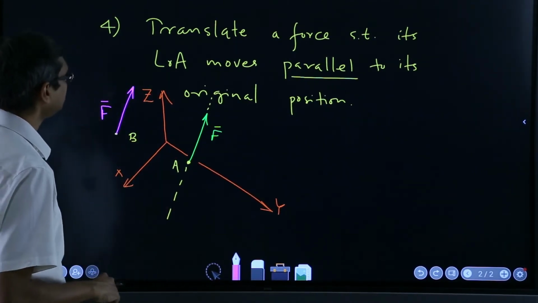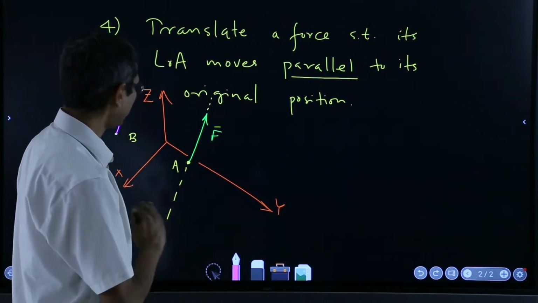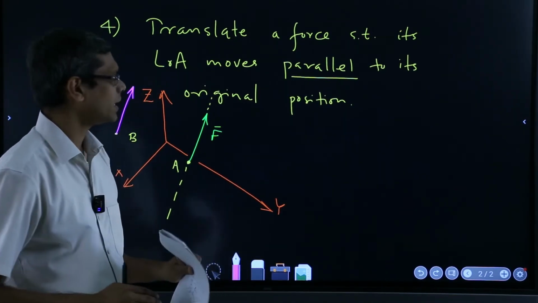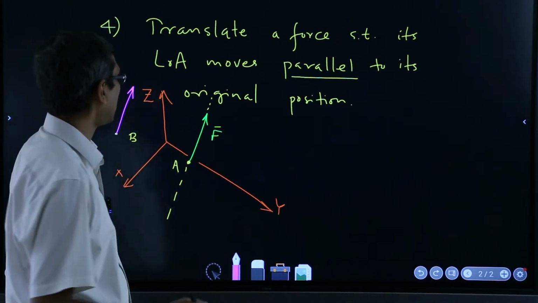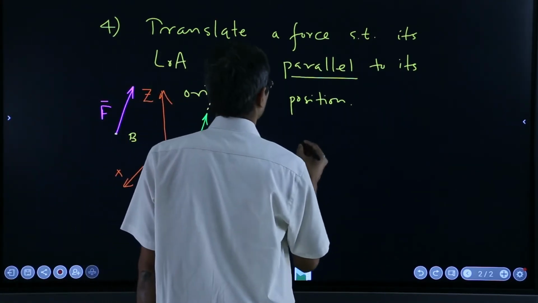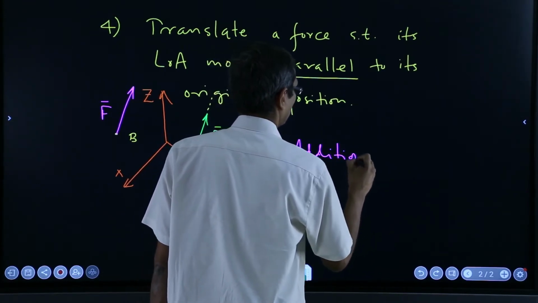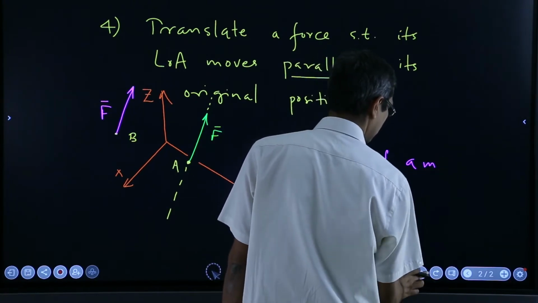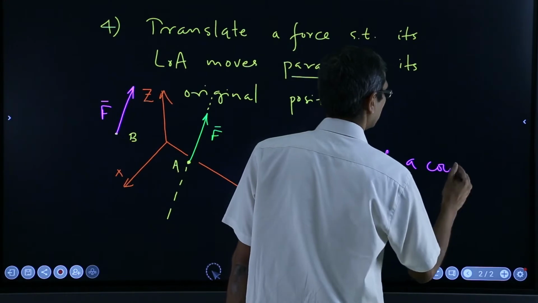The point is, as you are moving it, you have to compensate this with the addition of a couple moment.